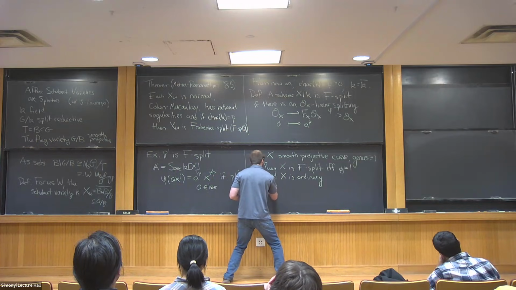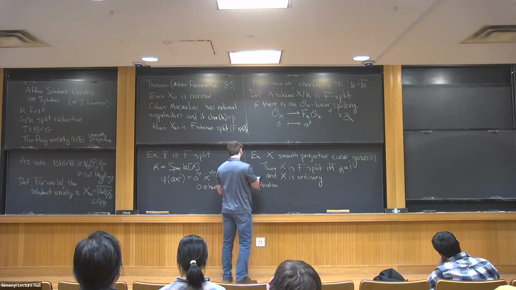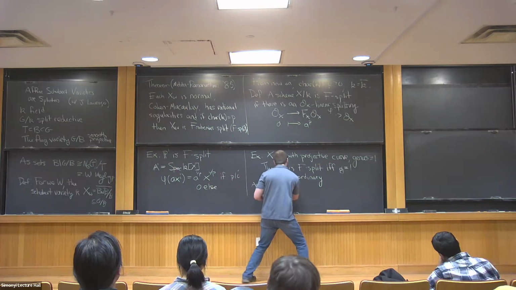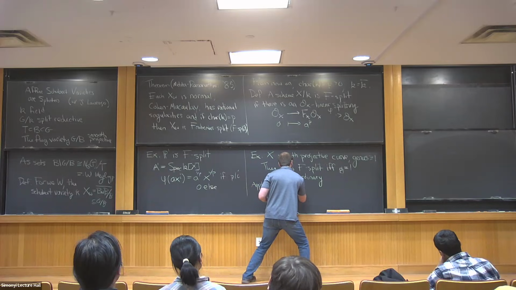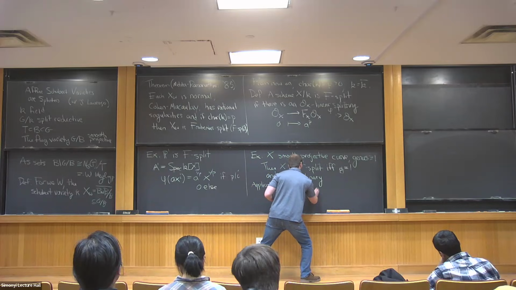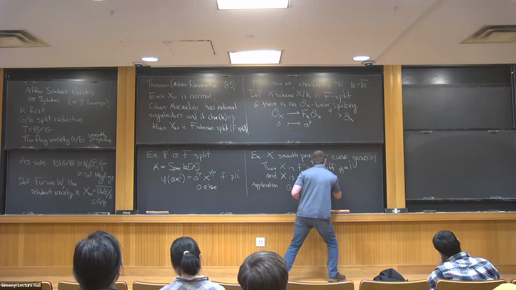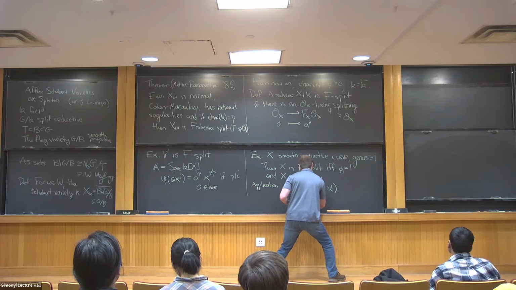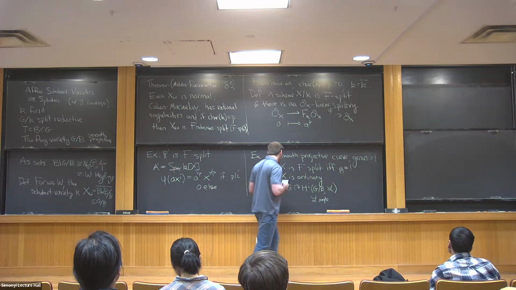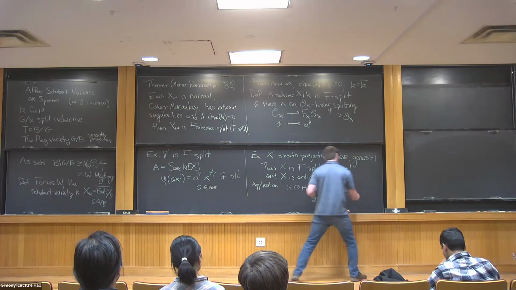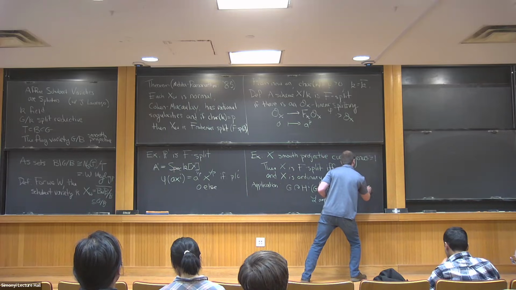Okay, and so an application is not difficult to show using the fact that you have a Frobenius splitting. First of all, if I have G mod B and I take any ample line bundle L, this is an algebraic representation of the group G, and because G mod B is Frobenius split, you can show that H^i is 0 for i greater than 0.